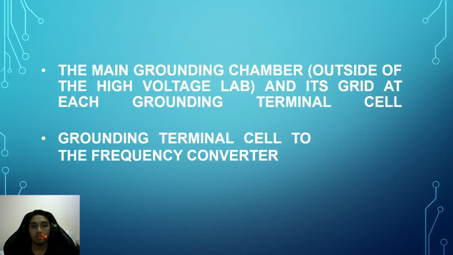So I will continue with the main grounding chamber, which is outside of the high voltage lab, and its grid at each grounding terminal cell and grounding terminal cell to the frequency converter.